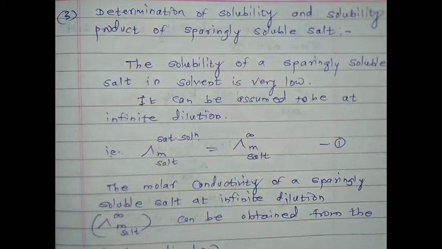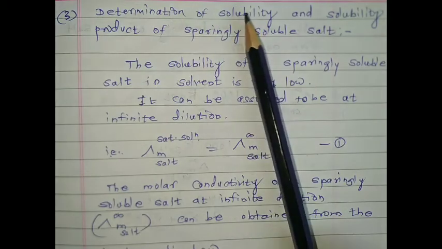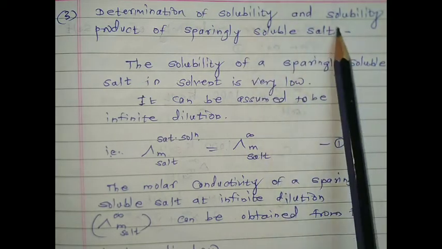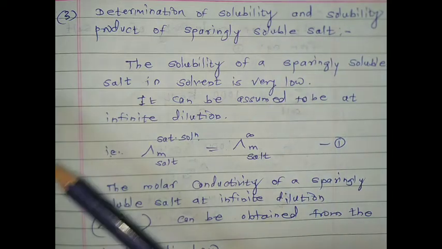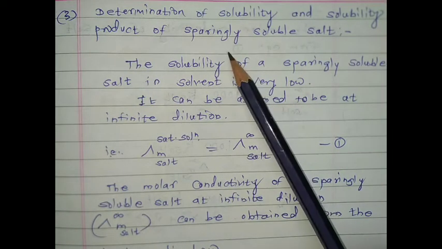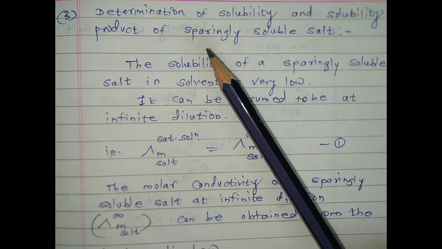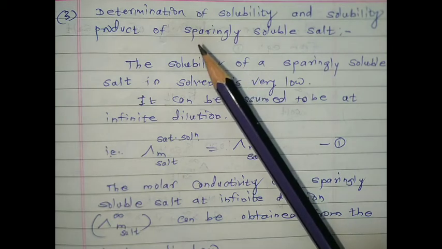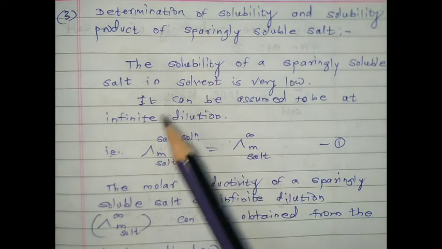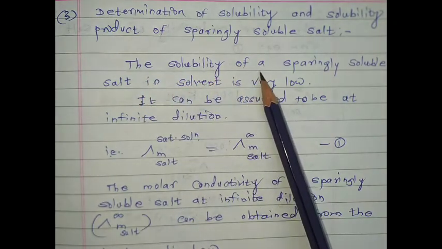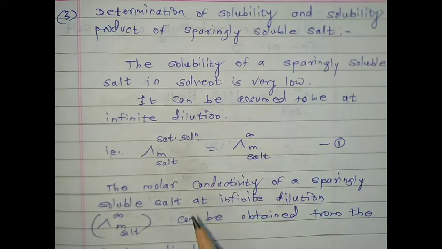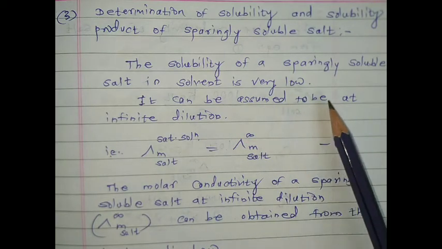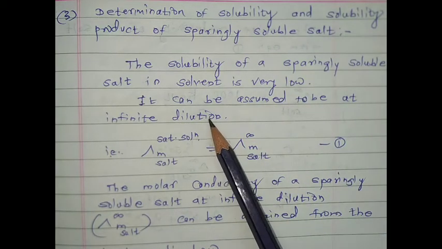The third application of conductance measurement is the determination of solubility and solubility product of a sparingly soluble salt. A sparingly soluble salt means a salt having very low solubility in a solvent, so it can be assumed to be at infinite dilution.